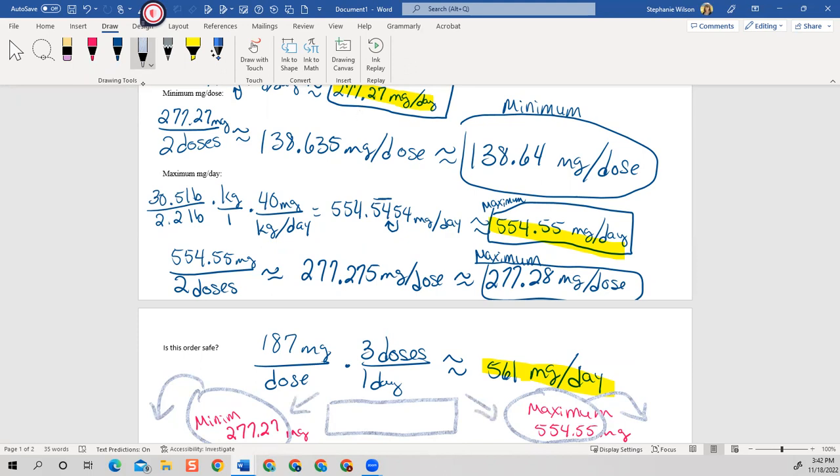The order is 561, which falls on the side of the maximum, meaning this order is not safe. It is too much. It exceeded the maximum recommended amount.